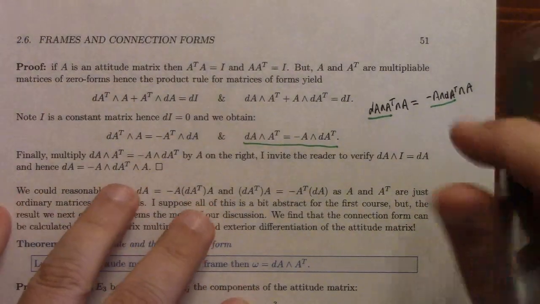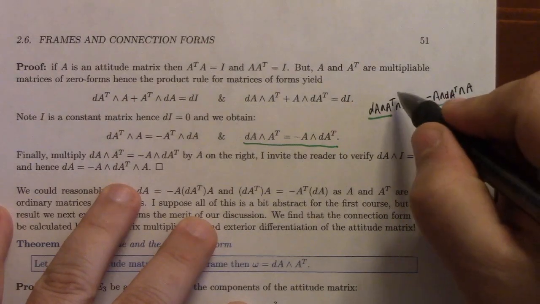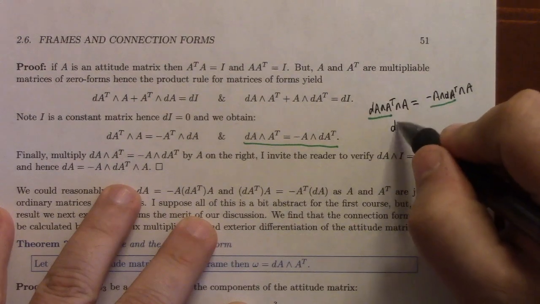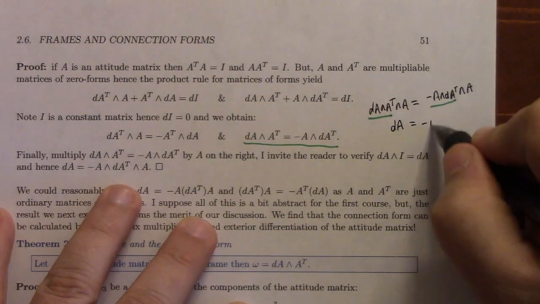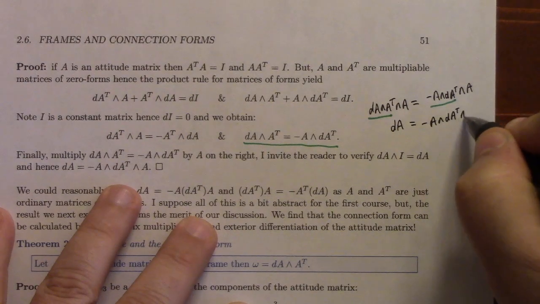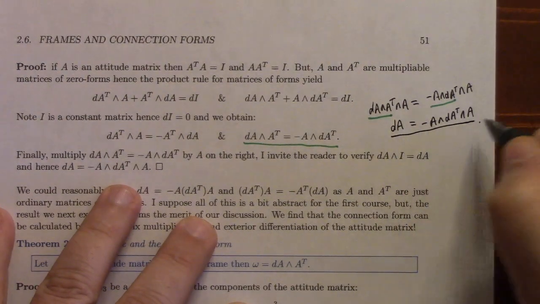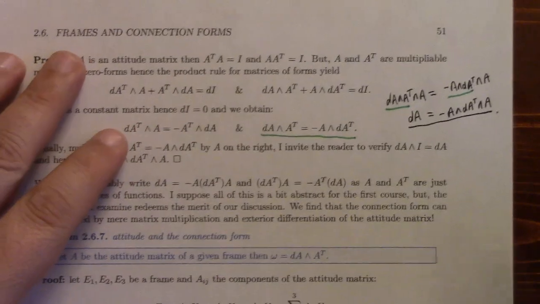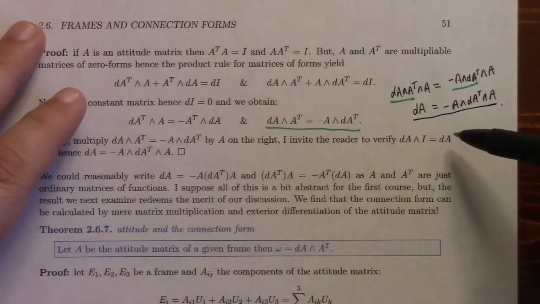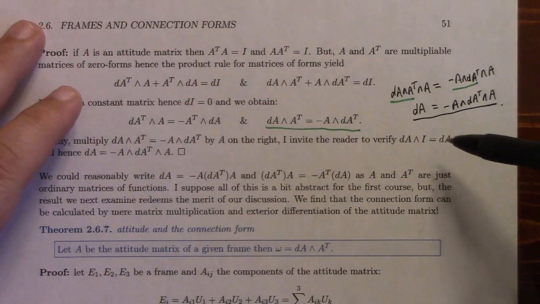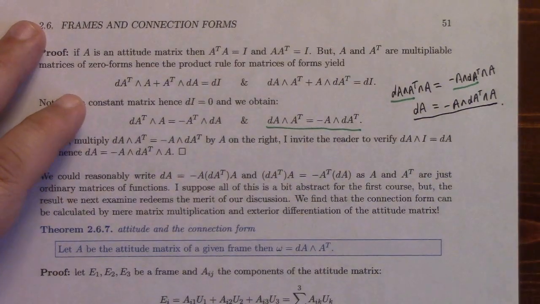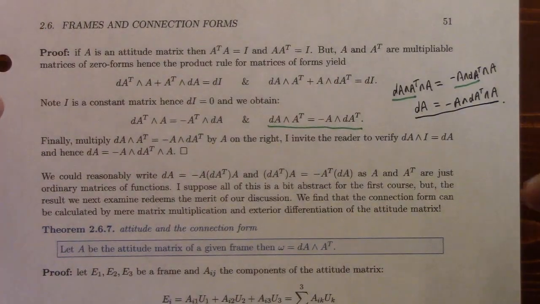Then when you do that, A transpose A wedges to the identity, and the identity matrix wedged with anything is just the matrix again, so that's dA is equal to minus A wedge dA transpose wedge A. And there's one of the claims. As I said, I invite the reader to show that dA wedge I is equal to dA. I mean, I invite the reader to show any matrix wedge the identity matrix is the matrix again of forms. But okay.